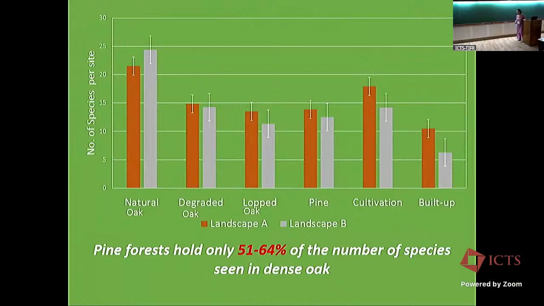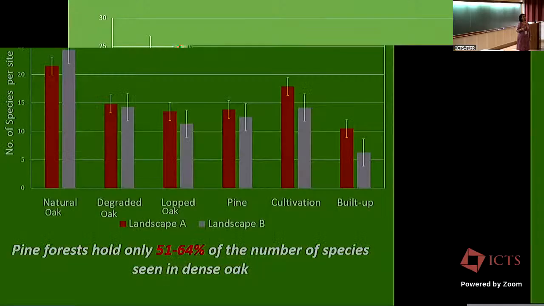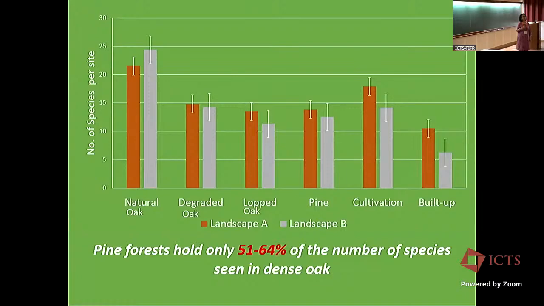Yes, it's much bigger, much wider. That's a good observation. We really don't know. We actually expected it to be the other way around because landscape B has a lot more forest in general compared to landscape A. So it's hard to explain that, but there's generally more variation in landscape B. The other reason landscape B could have more variation is because there were fewer samples in landscape B than landscape A in terms of number of spatial replicates.